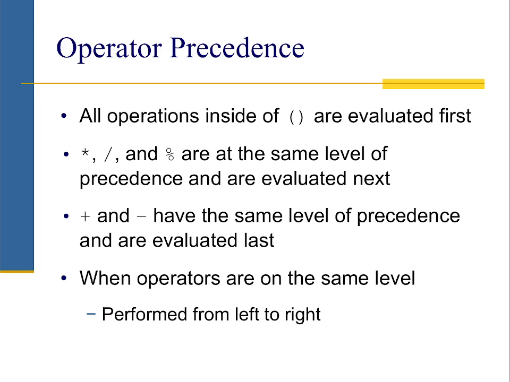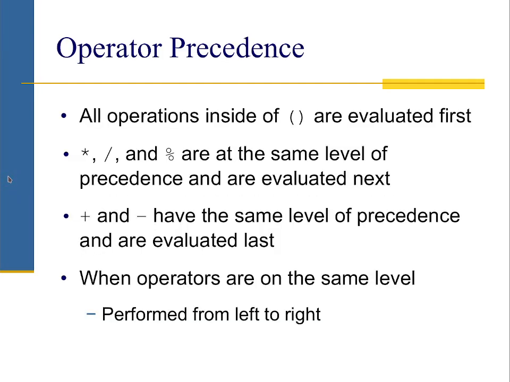When operators are on the same level, they are performed from left to right. So basically, anytime the C++ program sees any expression, it first checks the brackets and evaluates that first, then comes to these three things.